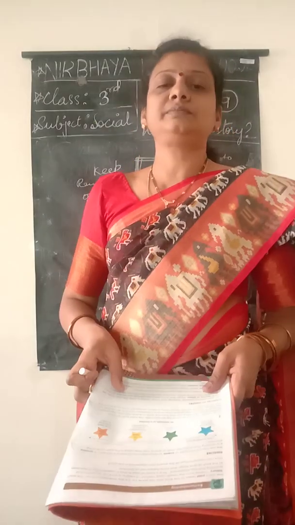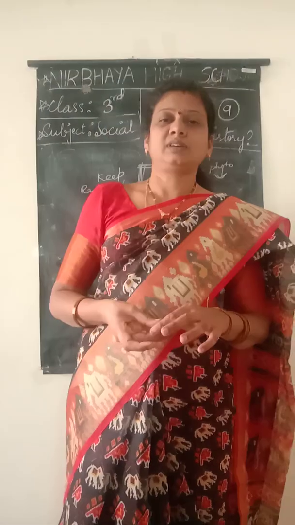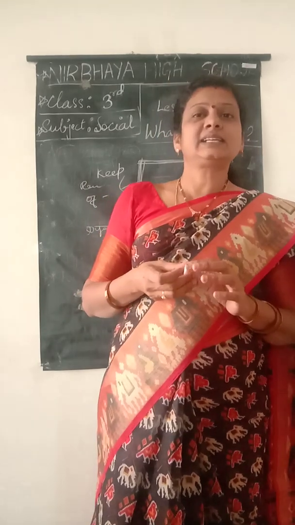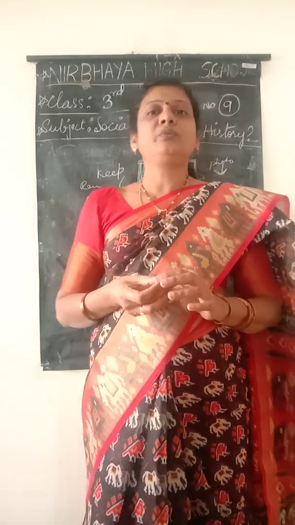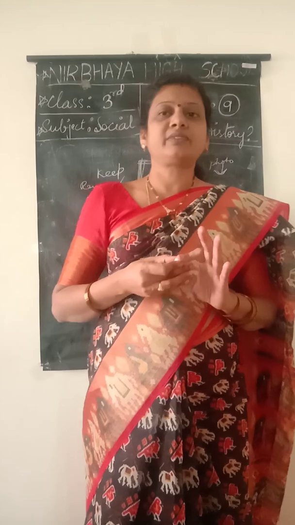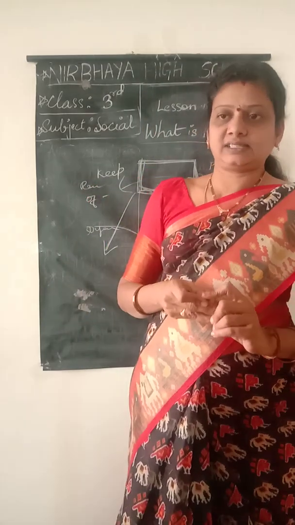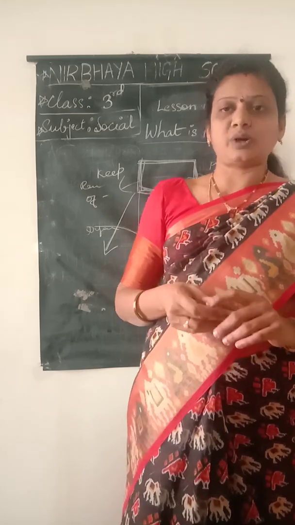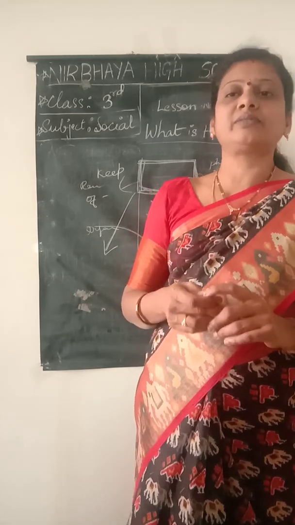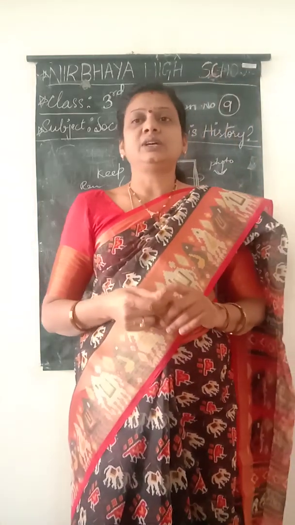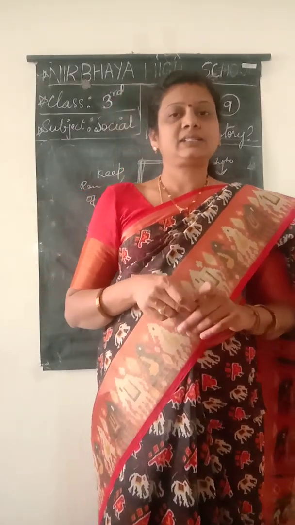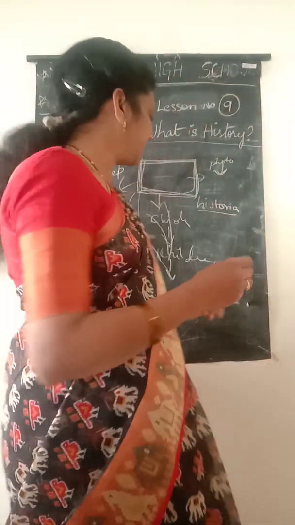Now, a timeline. We use the correct order of events to remember and understand the past. A timeline is a drawing that shows the order of events that took place in the past. Look at this example.